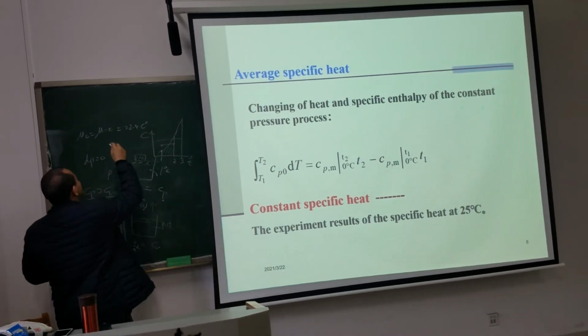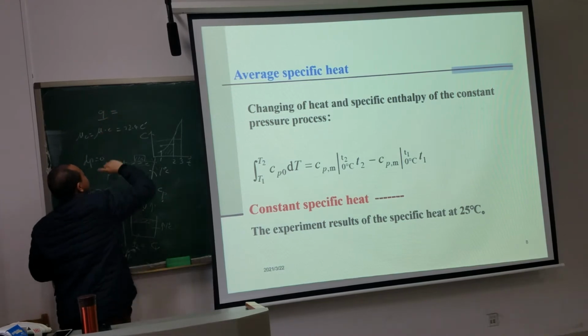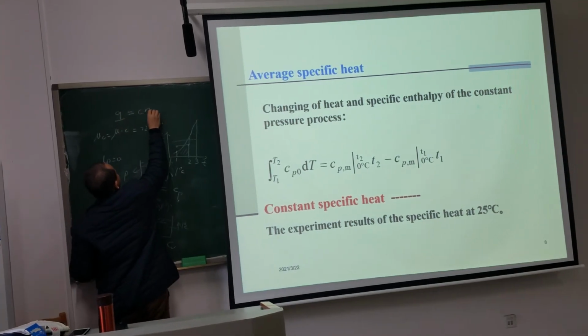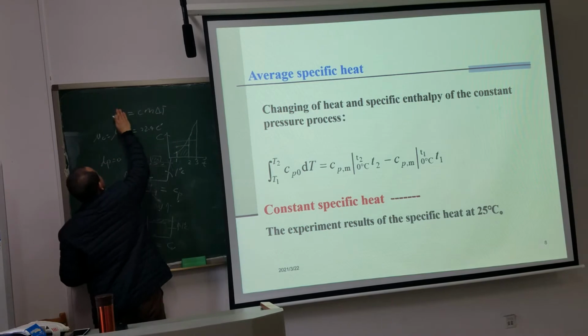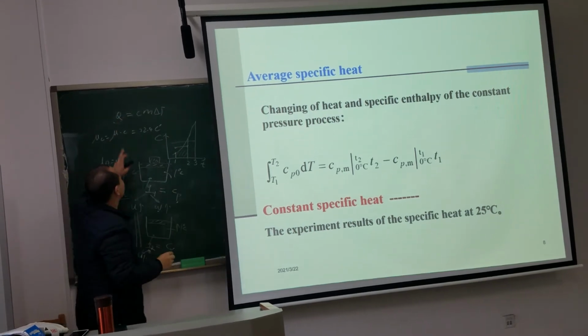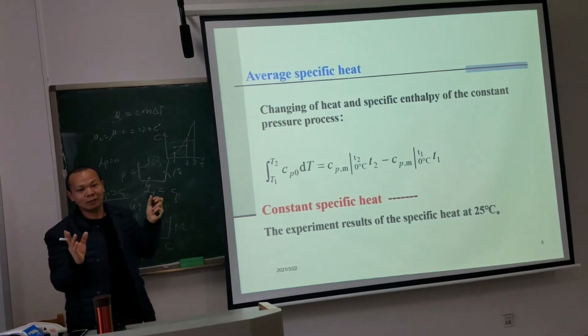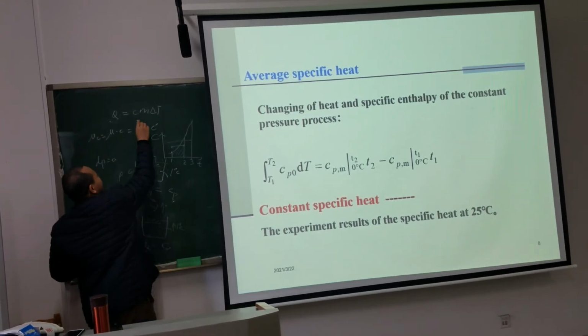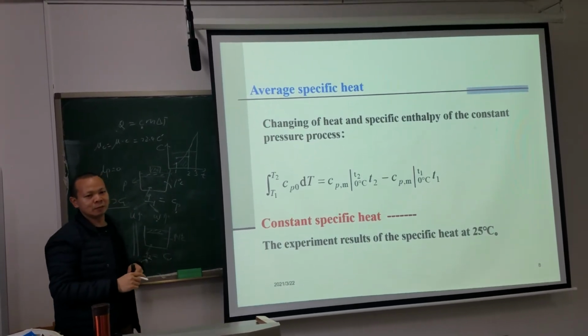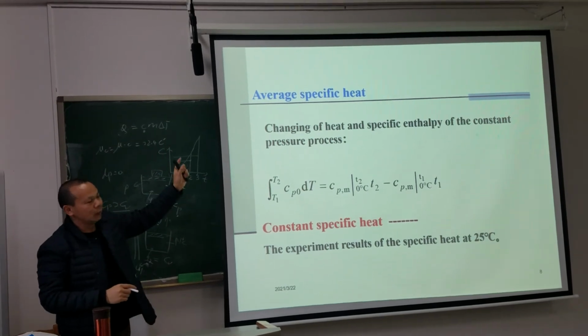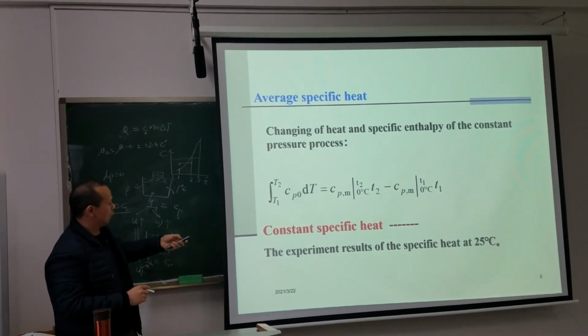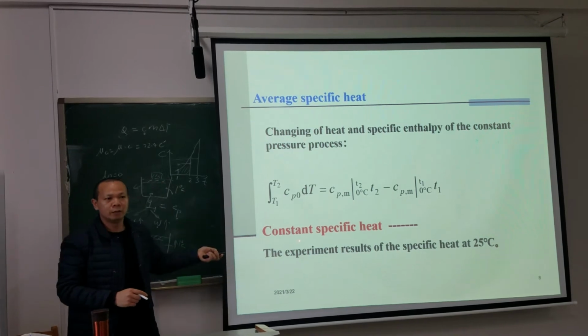Do you remember this, Q equals C? Did you learn this equation? Yeah, we learned this a long time ago. And this C is a specific heat, a constant specific heat.